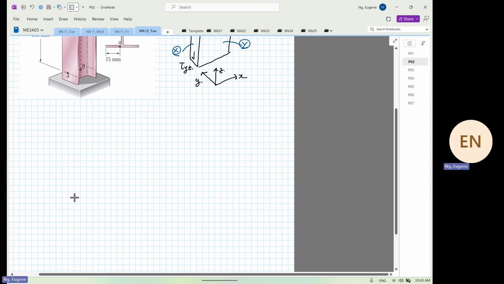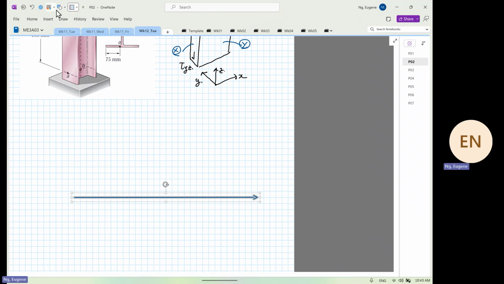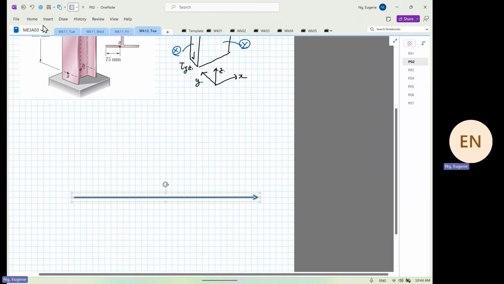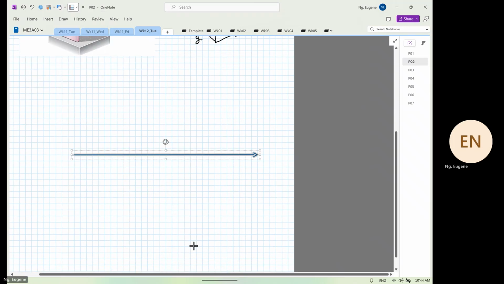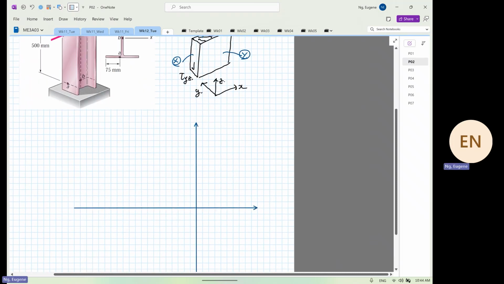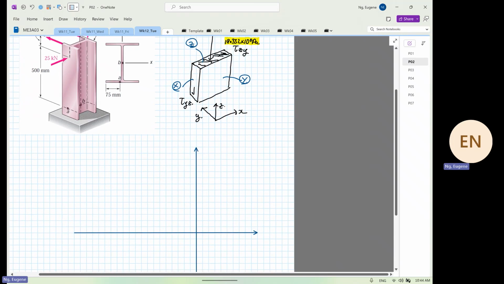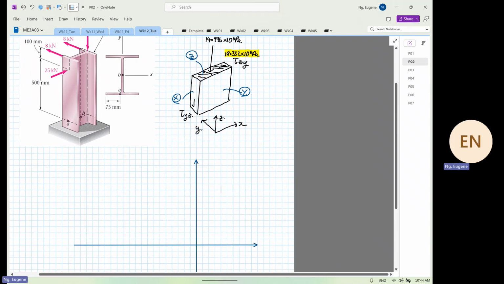So again, we have our normal stress, and then we have our shearing stress. I can see it's more focused on compression, so I'm going to reduce my size on the tension. I have 14.